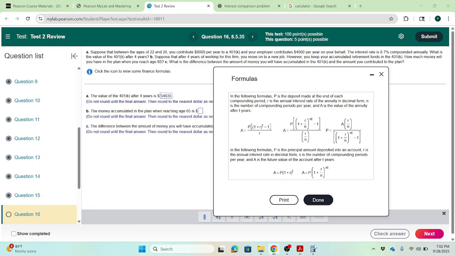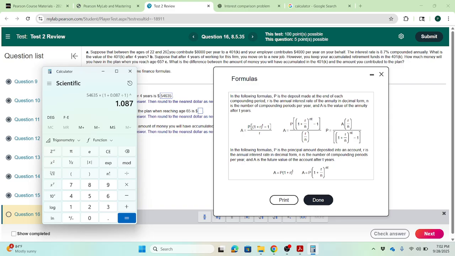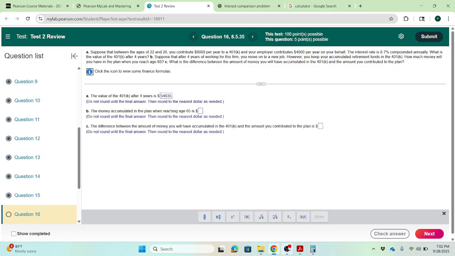The difference is 39 years, because 65 minus 26 is 39, and it's compounded annually, so 39 times 1 is 39 itself. So if you hit enter, this is the amount you are going to get after 39 years.